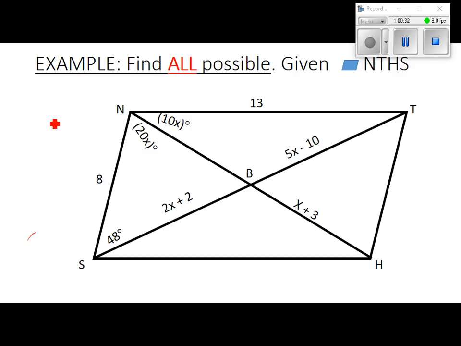We're gonna find everything that we possibly can. Is there a lot that we can figure out about this shape?